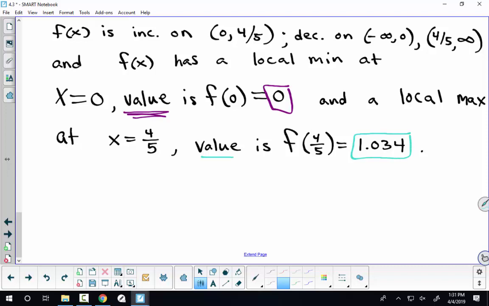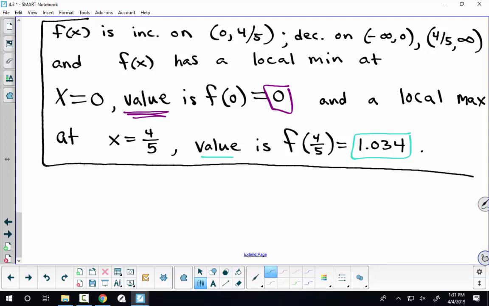So we want to write all of that out as our final result in some clear way. Don't just leave the sign chart for the first derivative. Do y'all have any questions on that?